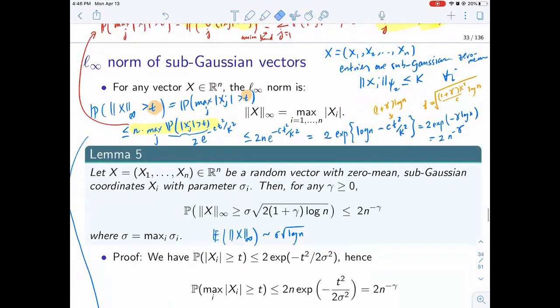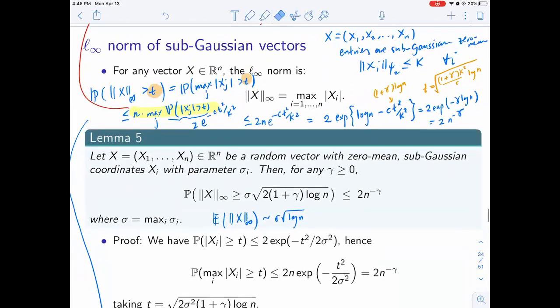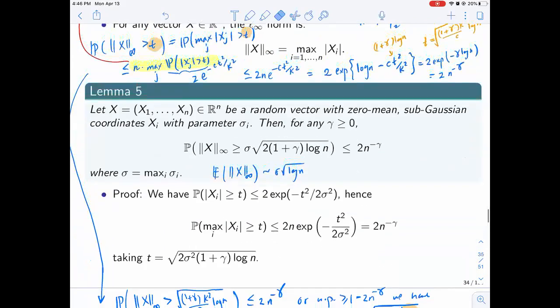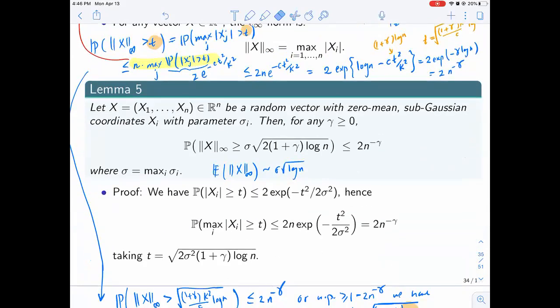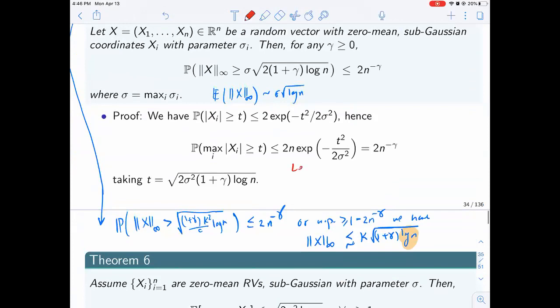Right. So the thing is that you have to see what you want to prove. Here, what I want to prove is, so this result, lemma 5, says that with high probability, this guy is less than or equal to, up to a constant, sigma root log n.